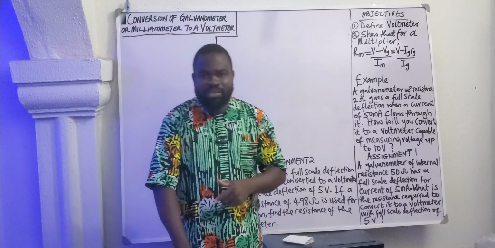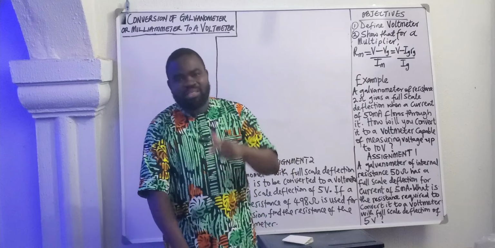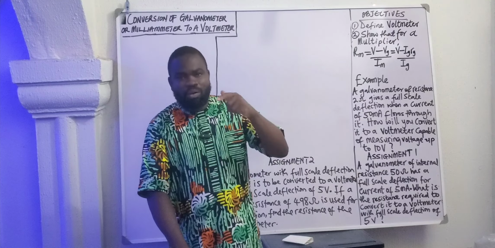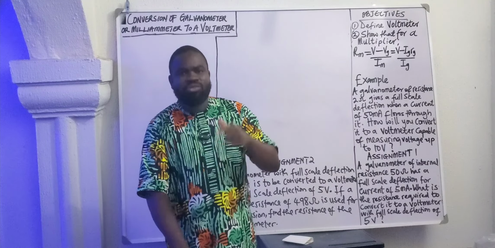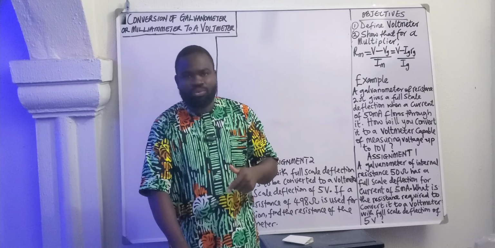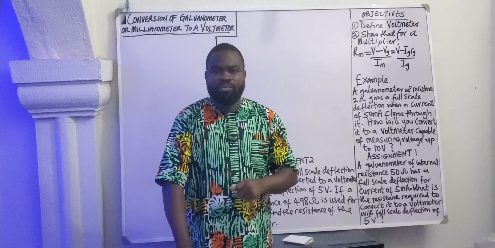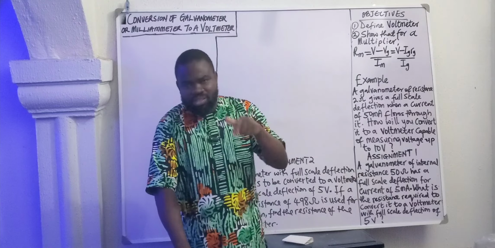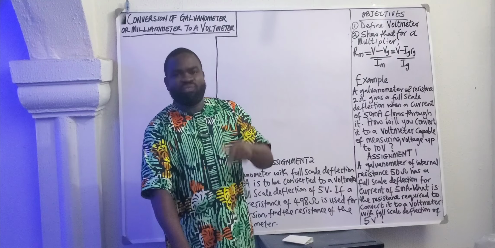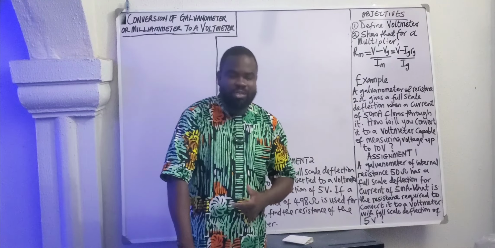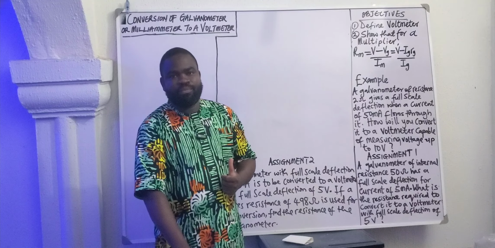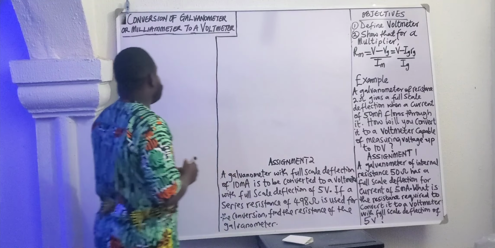What then is a voltameter? A voltameter is a vessel containing electrolyte and electrode that is used during electrolysis. In fact, electrolysis takes place inside a voltameter, so it is not the same as a voltmeter. Let's take that down.